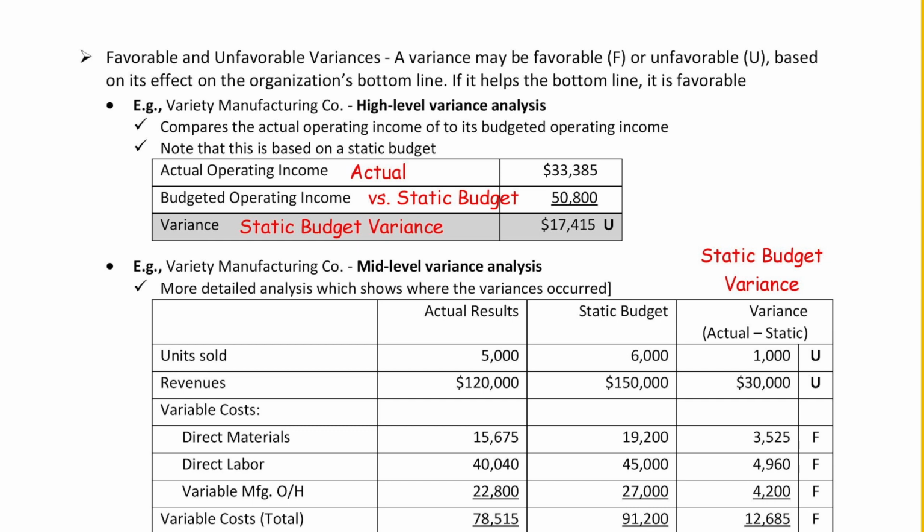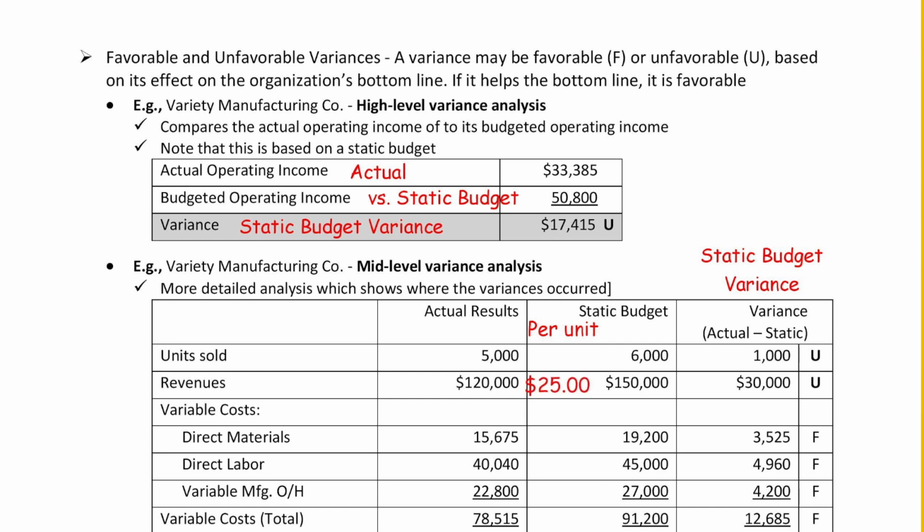Now, on the table here, let's try to identify the per unit revenues and costs as per the static budget. On the static budget column, the budgeted revenues were $150,000 for 6,000 units. That is $25 per unit.